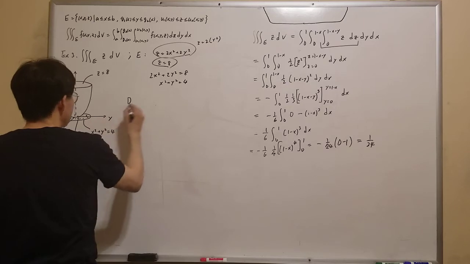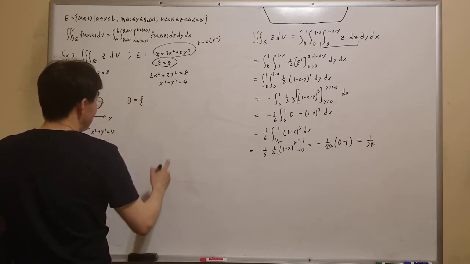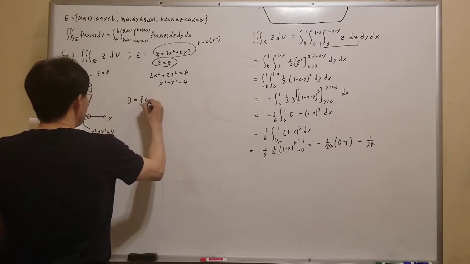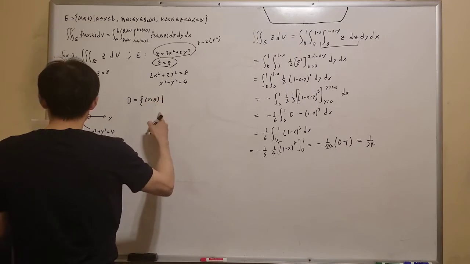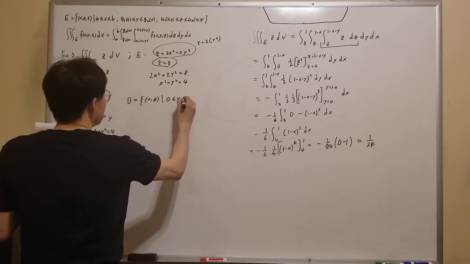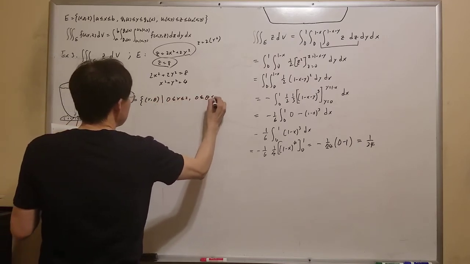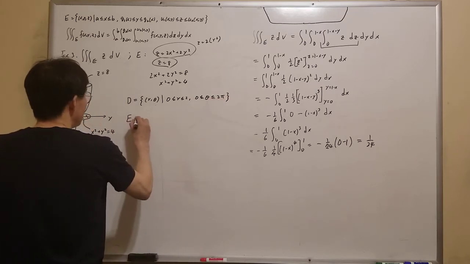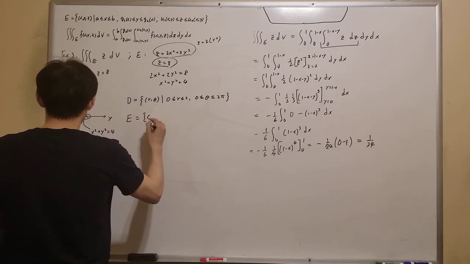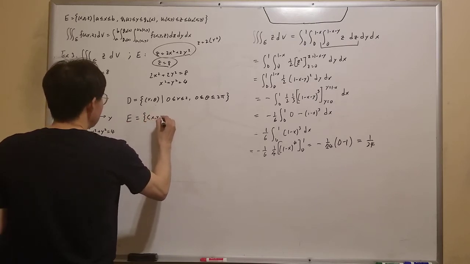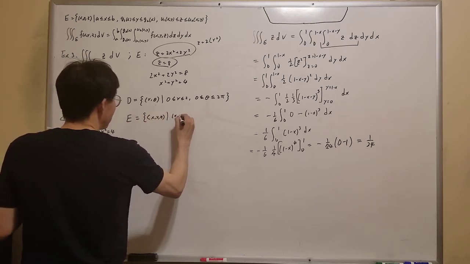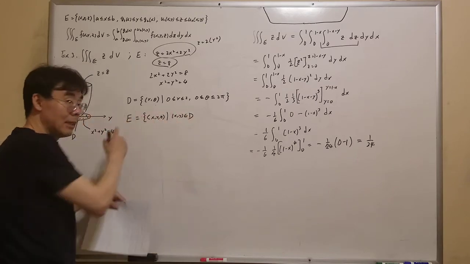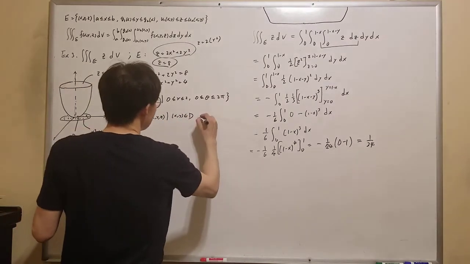D can be written in polar coordinates, right? And then your E will be the set of x, y, z, where for given x, y in D, z runs from where?